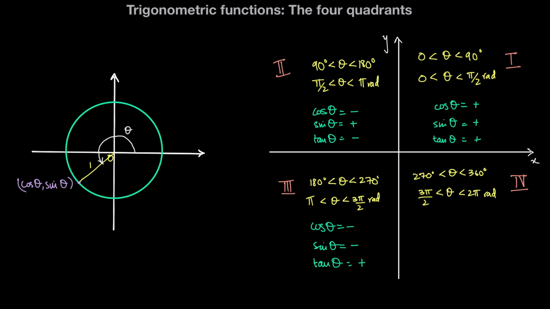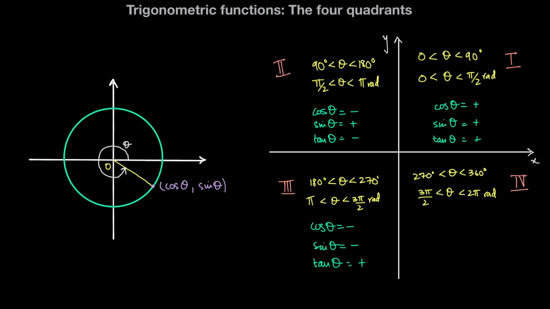And lastly, if theta was in the fourth quadrant, in other words, between 270 and 360 degrees, or between 3 pi over 2 and 2 pi radians, the x-coordinate of this point on the unit circle, that's the cosine of theta, is positive, since it's to the right of the y-axis. The sine of theta, or the y-coordinate, is negative, since it's below the x-axis.